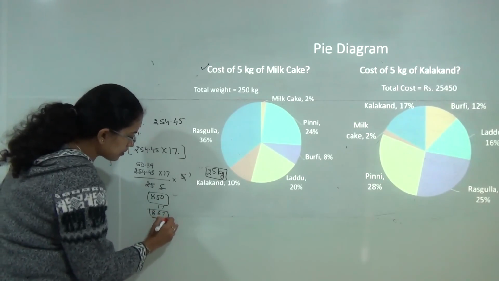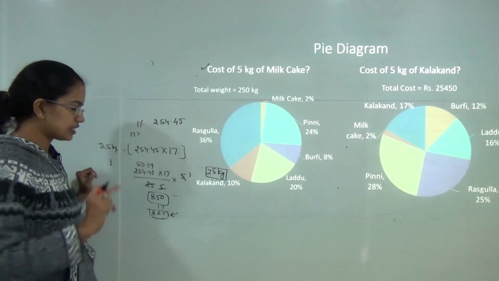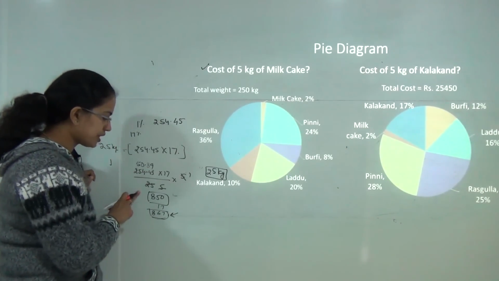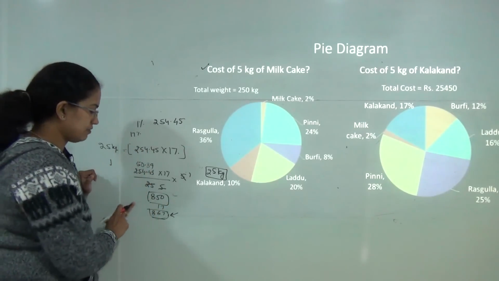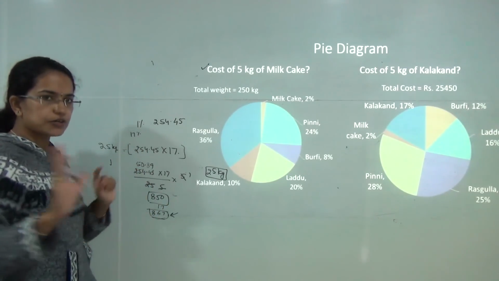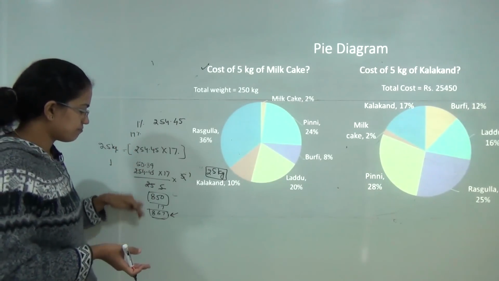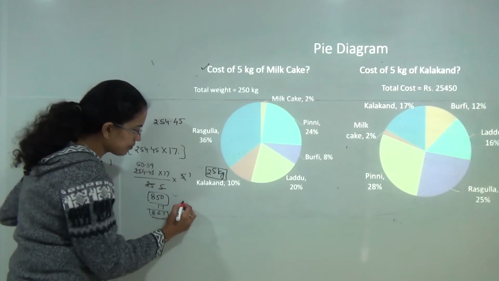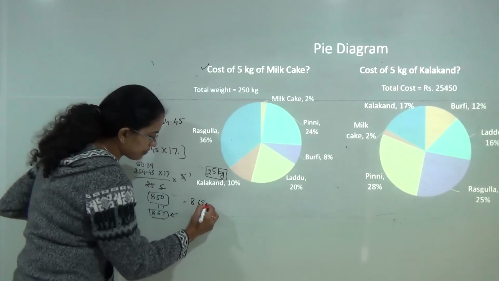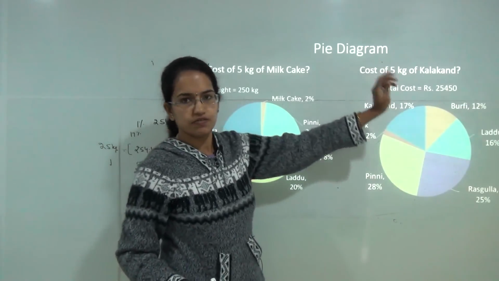So my answer would definitely be less than 867, but way more than 850. So since it is 50.89, I need not calculate it exactly. If the choices are far apart, I can simply say what the answer would be. However, the exact answer here would come as 865.3. So this would be the cost of 5 kg of Kalakand.